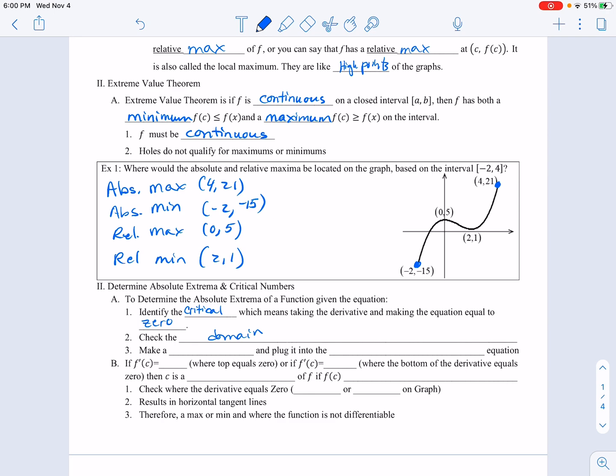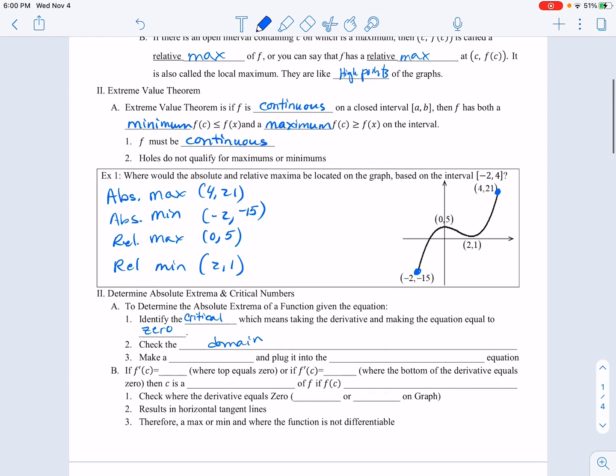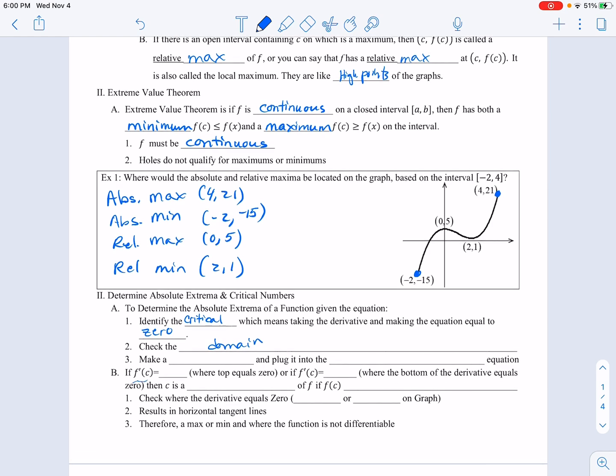I don't know what they want. It says if f prime of C is 0, or f prime of C is undefined, because the bottom equals 0, then C is a critical point of f if f of C is defined. Okay, f of C has to be defined.